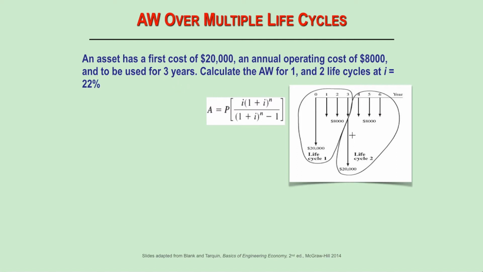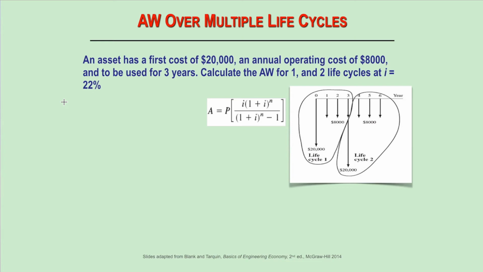In the second life cycle, the asset is repurchased, so that's why you see another $20,000 spent in year 3, and then you have the annual operating cost of $8,000 per year, which extends from year 4 until year 6. So that's another 3 years for the second life cycle.